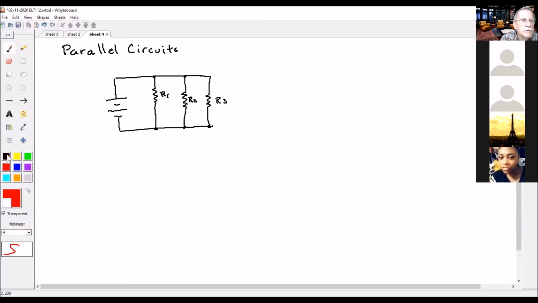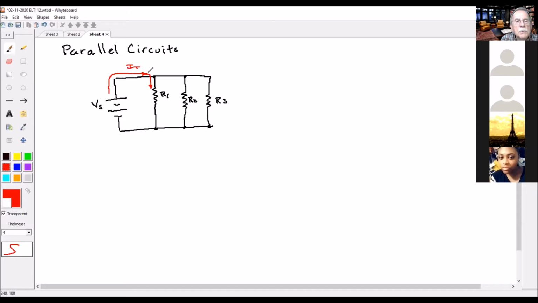If I think about the total current, IT, the current leaves the battery, VS, and starts to travel. It wants to get back to the negative terminal, and it's going to go any way it can. So what's going to happen is when it gets to R1, the current's going to split.